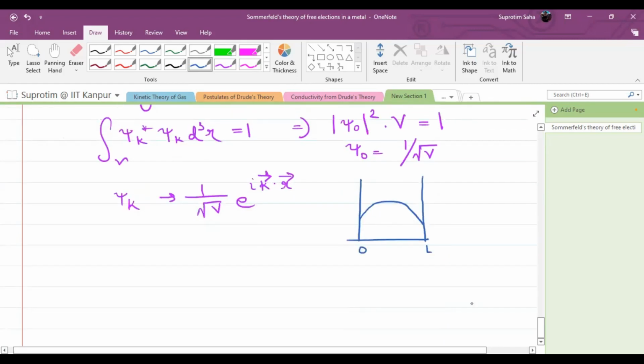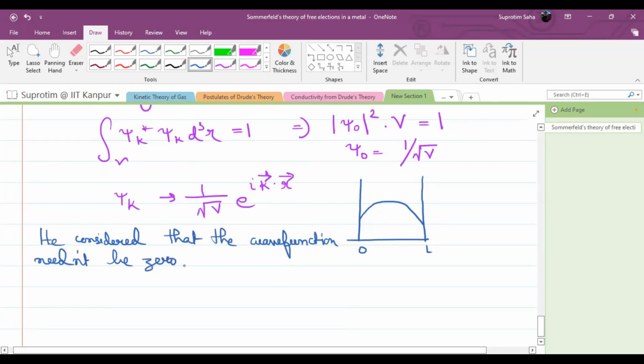But Sommerfeld took a detour and predicted that it's not necessary that you have to take the wave function to be 0 at the boundaries. He considered that the wave function needn't be 0 at the boundaries.